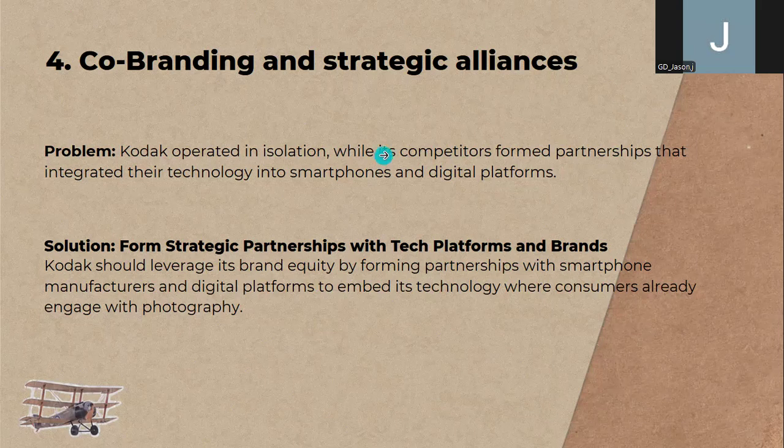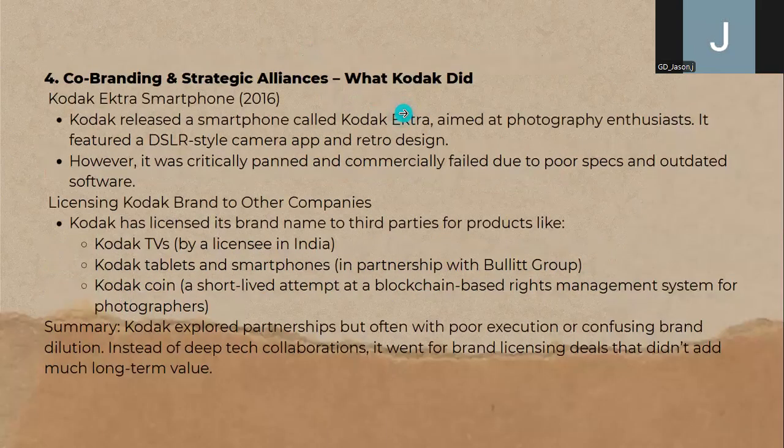And I think this allows Kodak to extend brand presence into environments where consumers already create and share visual content. It also revives Kodak's brand authority in color and visual quality without needing to build the entire ecosystem from scratch.